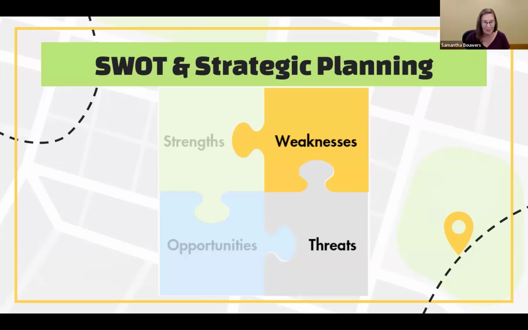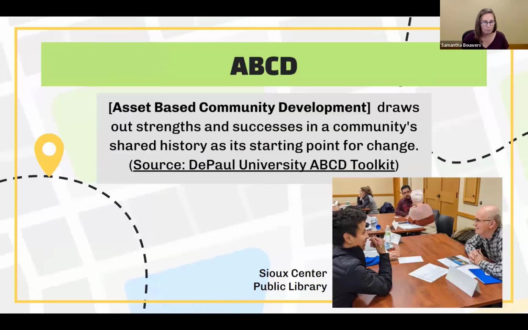Some days it might feel like you're doing those things, but the library is never going to be a full replacement for a well-functioning state licensed daycare. We tend to focus on the lack of resources. So with asset-based community development, or a focus more on the assets that we have, we want to focus a little bit more on the strengths and success that are already going in that community.